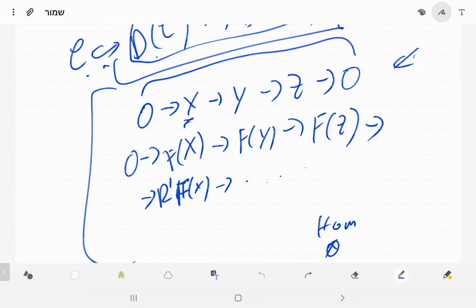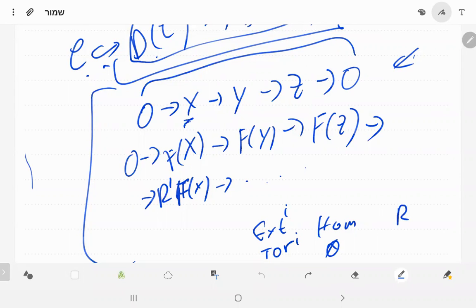Let's talk about some usual situations. Tensor product is symmetric, so you don't really care about which variable you derive. But for Hom, it also happens that you don't care about which one you derive. So here you get Ext, and here you get Tor. So those maybe are the first two players of homological algebra. But when you derive them like this, Tor_i and Ext^i are like sequences of functors.